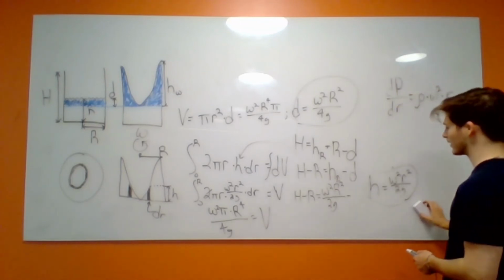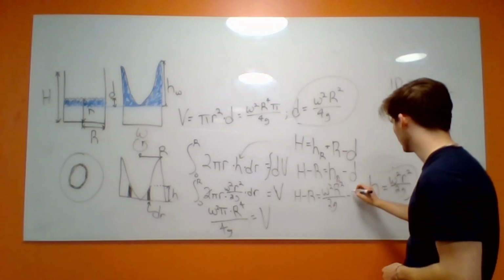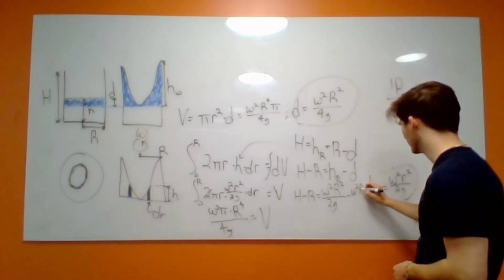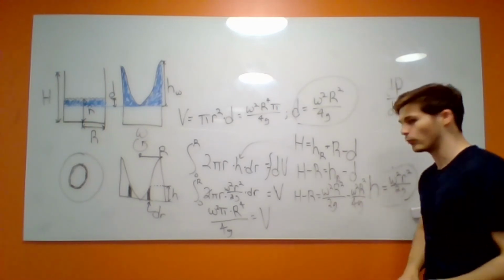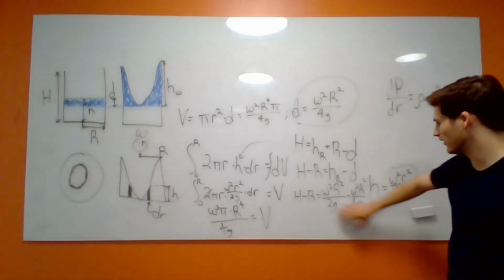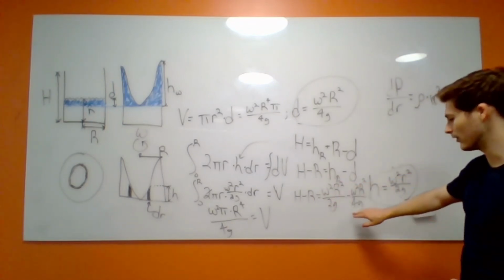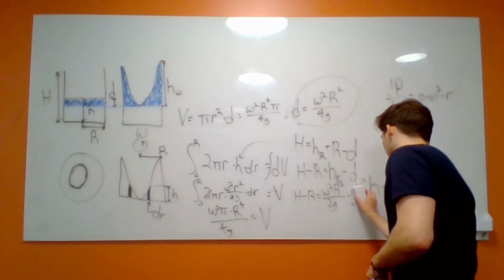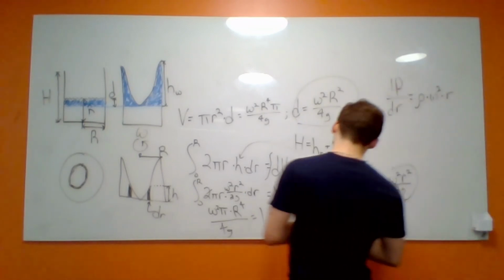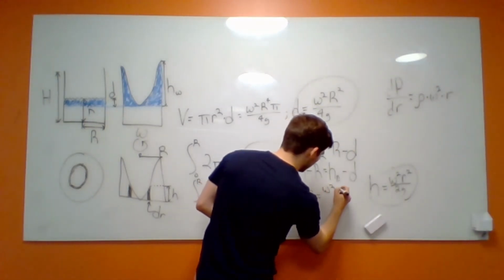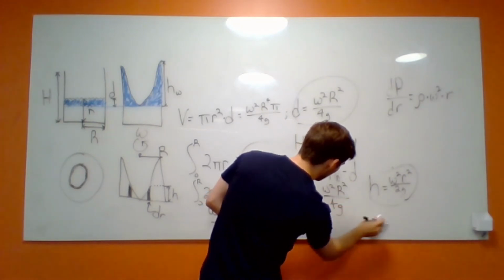And then now we're subtracting our d variable here, which is the angular frequency squared times the radius squared all over 4g. And so simplifying this, we'll just get the angular frequency squared times the maximum radius squared all over 4 times the force of gravity.